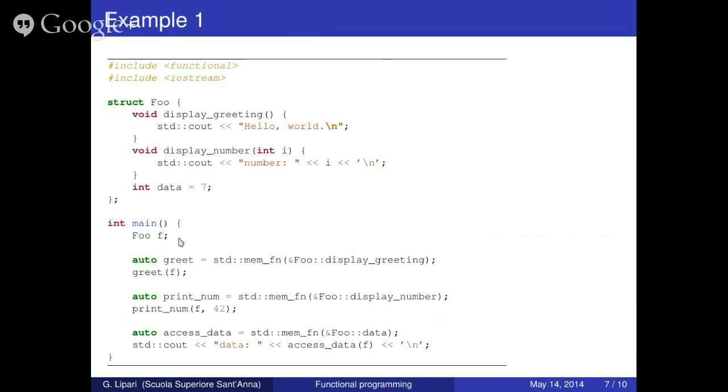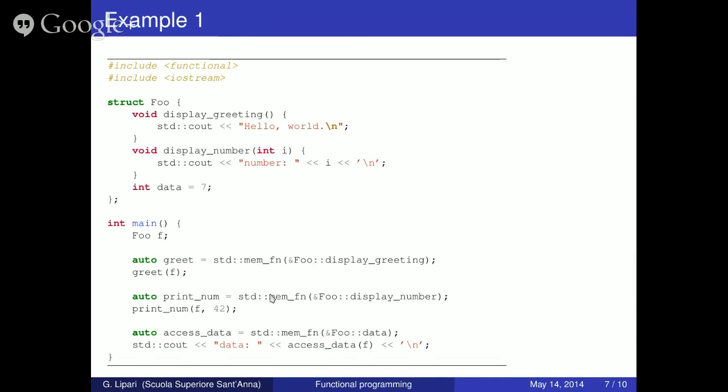Okay, so greet now is a function object, and you can call the function object greet by passing the object on which you want to call the function. In this case, what is going to happen is that it's going to print hello world.